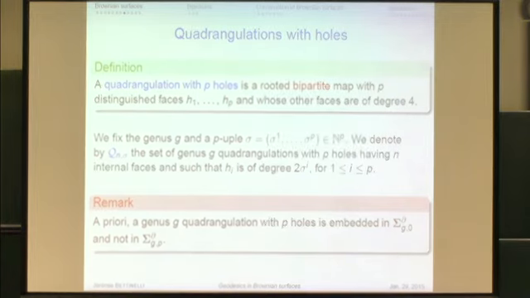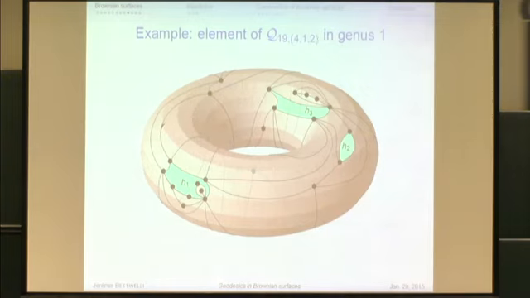And actually, the genus of the surface, I didn't put it in the notation here, but the genus will always be fixed in the whole talk. Okay. So you see maybe at this point that it's a bit weird that I first defined surfaces with a boundary, and then I said that a quadrangulation with holes is embedded in a surface without a boundary. But the reason is because of this picture.